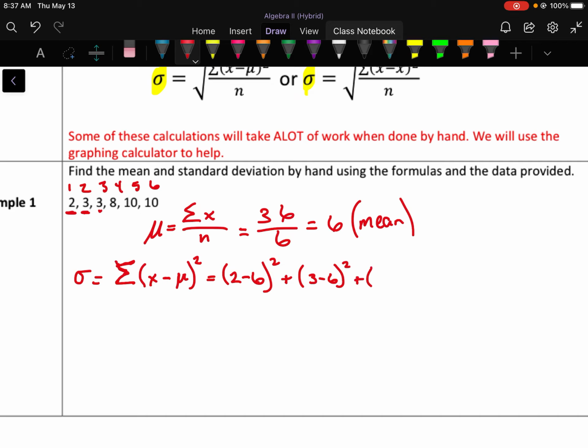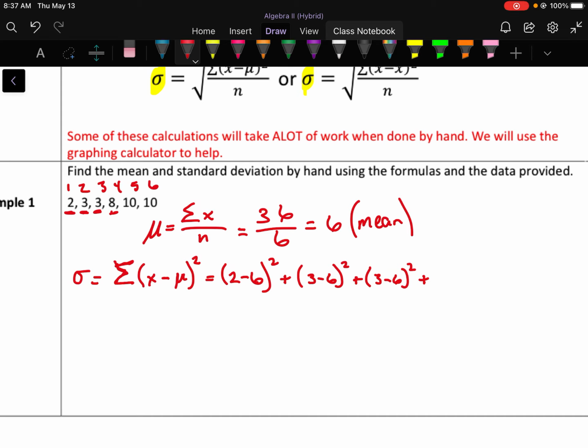Plus, now take the next one, the second 3, so 3 minus 6 squared, plus, take 8, so we'll go 8 minus 6 squared, plus 10 minus 6 squared.